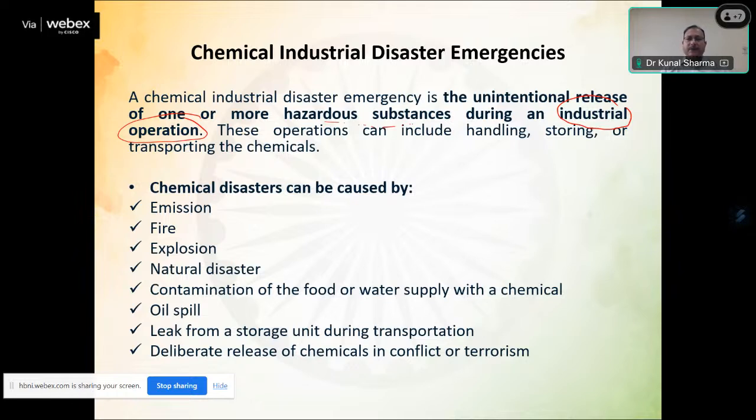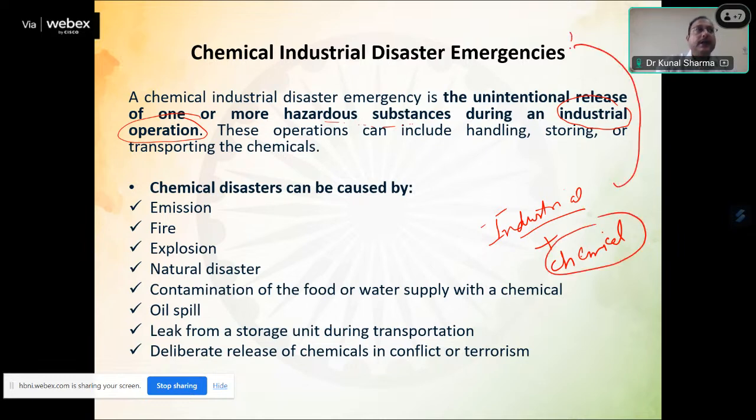Industrial plus chemical is required. You cannot go only for the industrial part without the chemical. There are two parameters, the industrial part and the chemical part, and when we integrate both we conclude CIDE, or chemical industrial disaster emergencies.